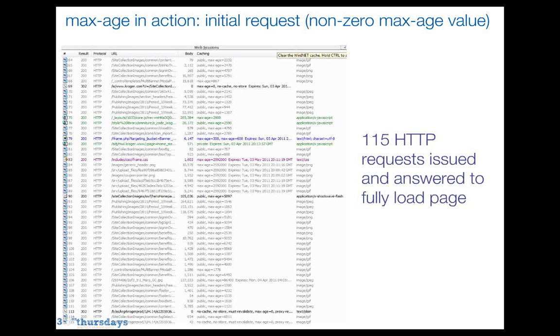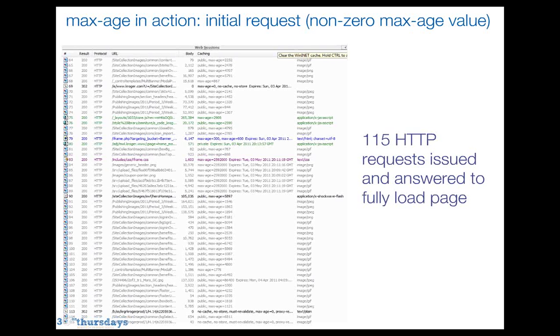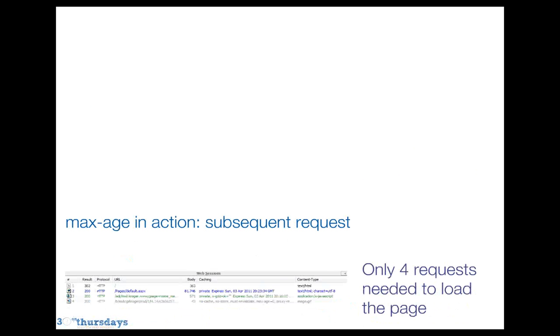Now, when I closed out my browser and came back in, anything that came from the blob cache was cached on my client side. I only needed 4 requests to load the page. Out of that 115, 111 of them were served directly from my client without ever calling the web server.